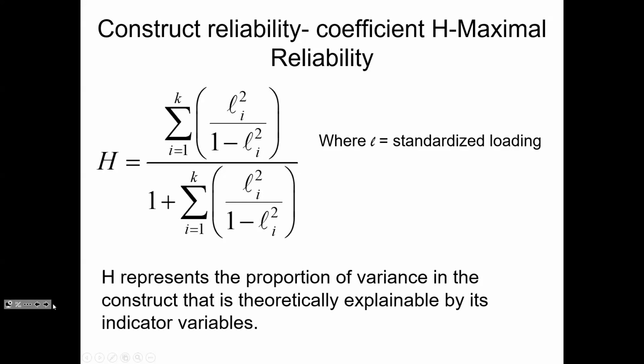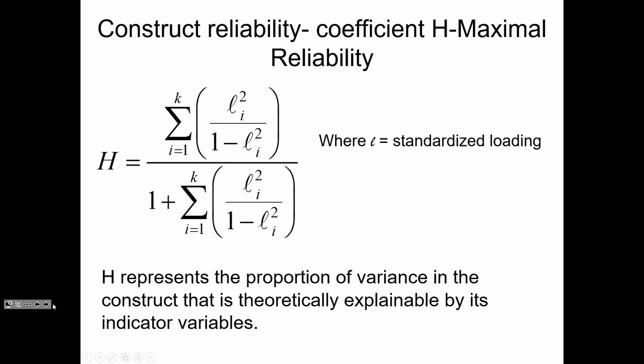Because 1 minus 0.99 squared is almost 0, so you're dividing by almost 0. I don't know that I have a rule of thumb, but what I would say is the bigger the loading gets, the bigger that fraction is going to get.